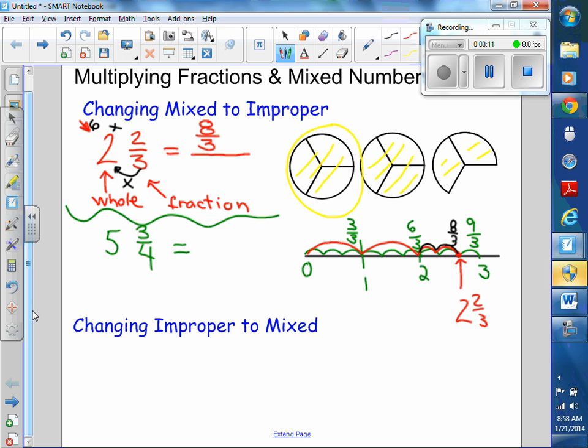So I know that 5 would be 5 times how many fourths are in a whole? 4/4 in a whole, right? And you have 5 wholes. So you multiply 5 times 4 to get 20, and then you add the 3 to get the 23. That's right. And you have 23/4 altogether.